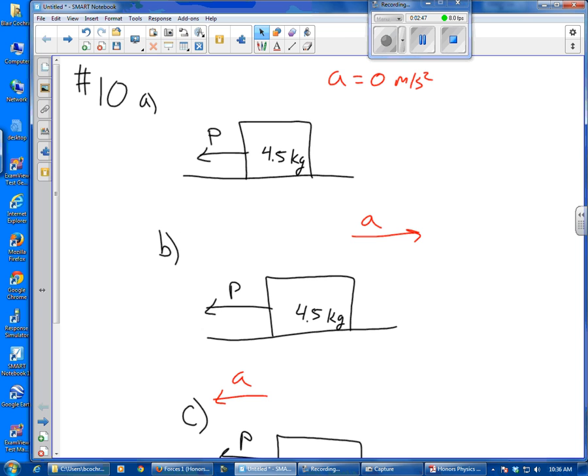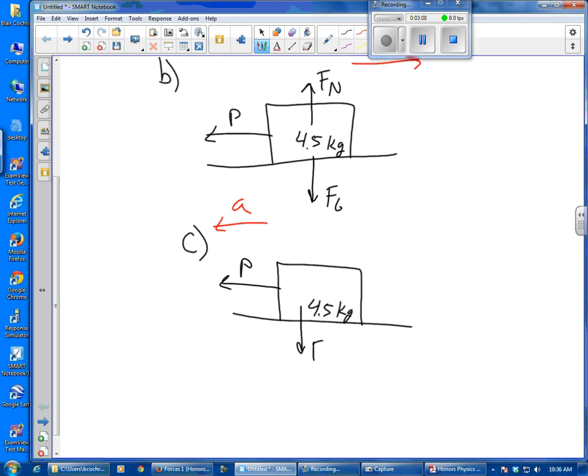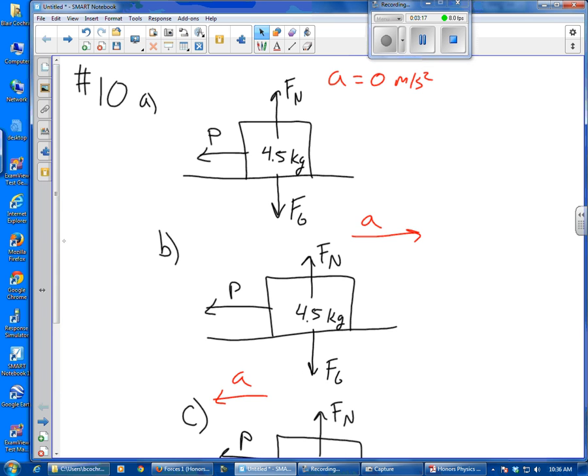This obviously is taking place on the Earth, so I have a gravitational force down and a normal force up on each of these. Each one would have that gravitational and normal force.